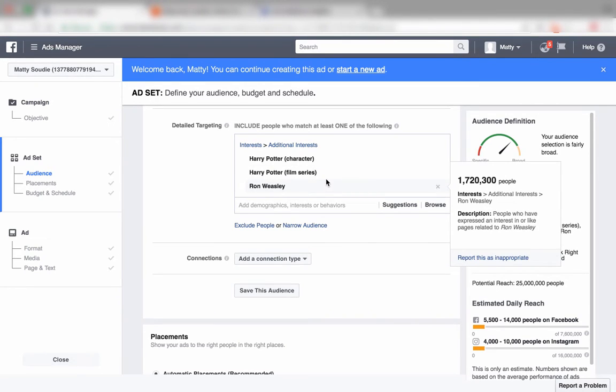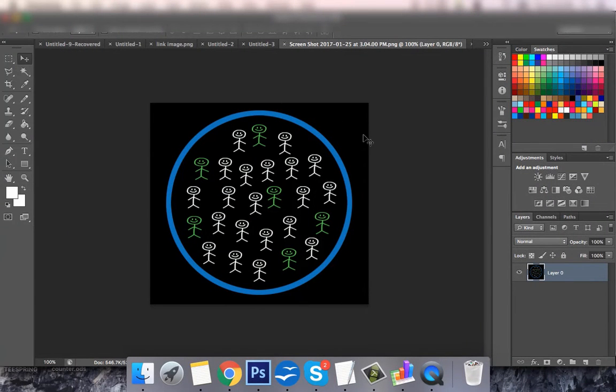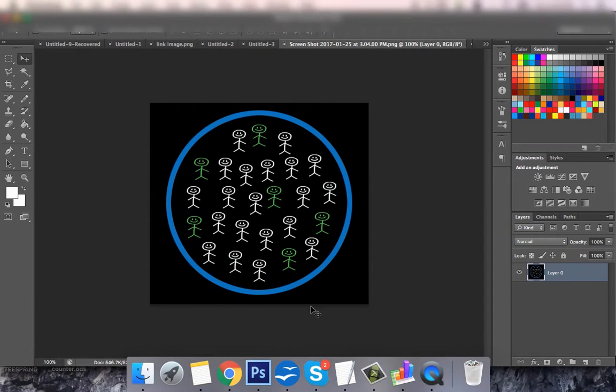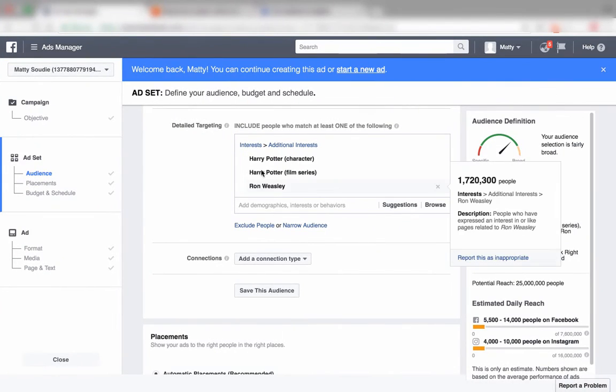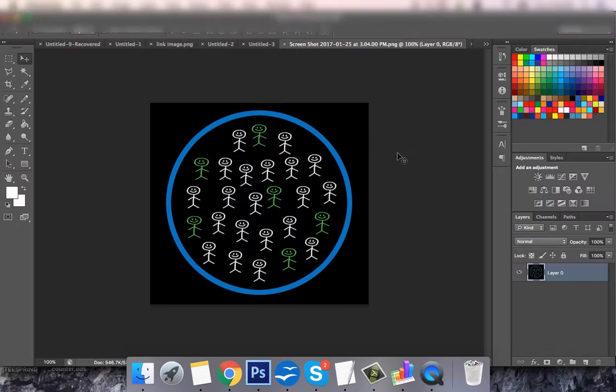All right, and I'm going to illustrate with this image that I drew up before. This is like an audience pool. Each one of these interests represents one of these circles. So if you were to just say Harry Potter character, this interest right here with 15 million people in it, let's pretend each one of them maybe is a million.